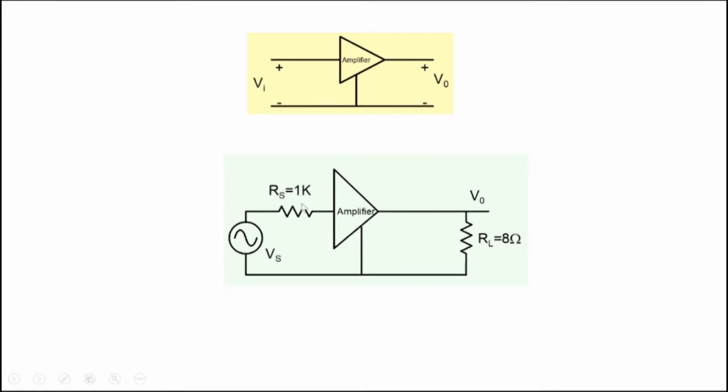So we need a representation of this thing in terms of 2 pairs, maybe an input pair of terminals here, and an output pair of terminals here. If we could do that, then of course, we could take the amplifier out, substitute the representation of the amplifier, and solve the circuit, right?